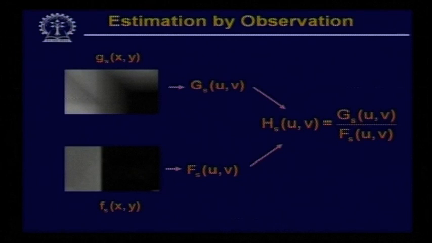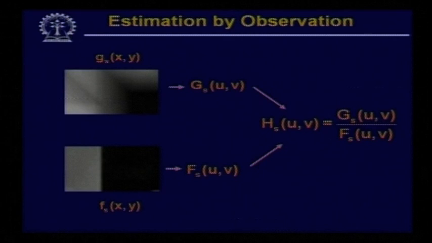And while constructing this approximate original image, you find that in this region the intensity value is maintained to be similar to the intensity value in this region. Similarly, in this region the intensity value is maintained to be similar to the intensity value of this. So, this is my f_s(x,y), and this one is my g_s(x,y).